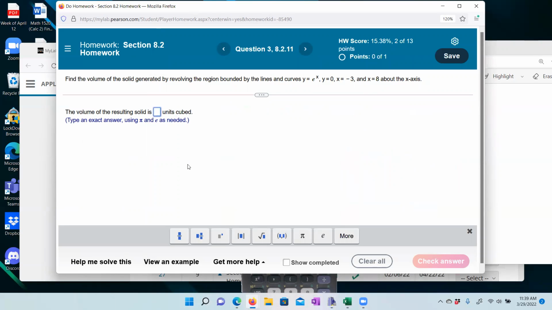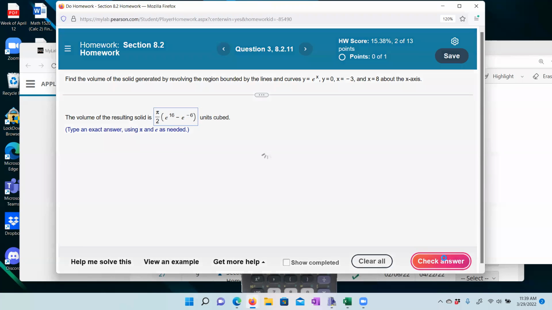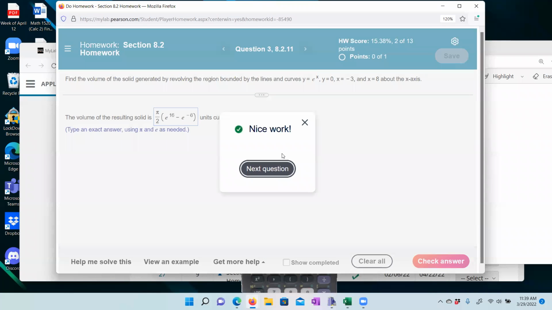So this is pi over 2 times the quantity e to the 16 minus e to the negative 6. And we're hoping for the best on that one. And that's how we do that.